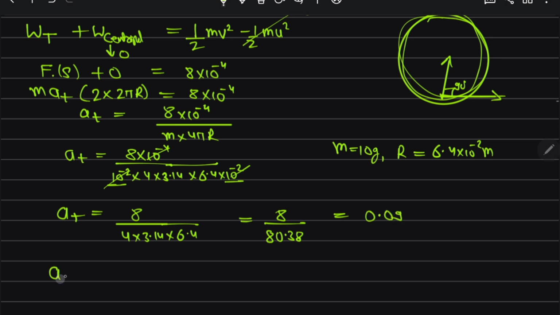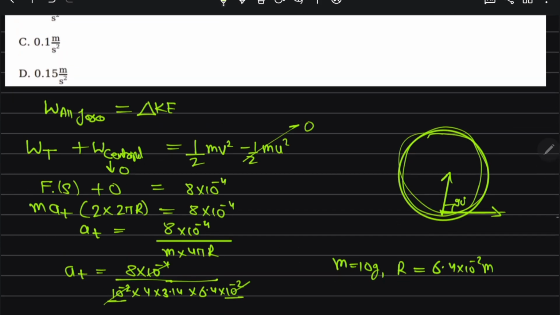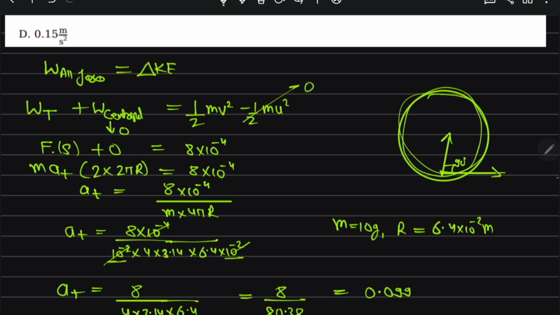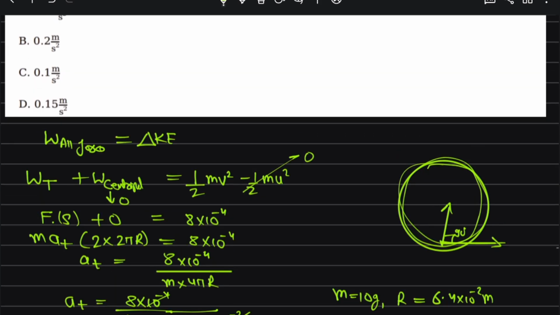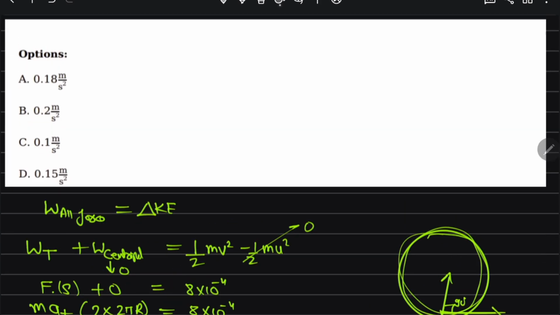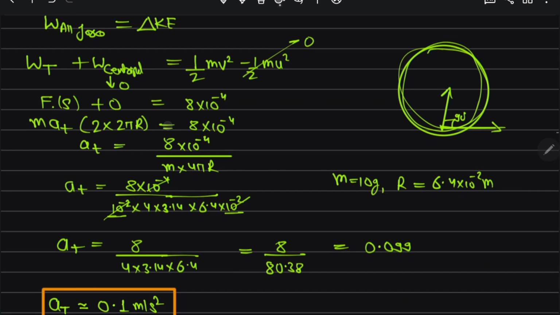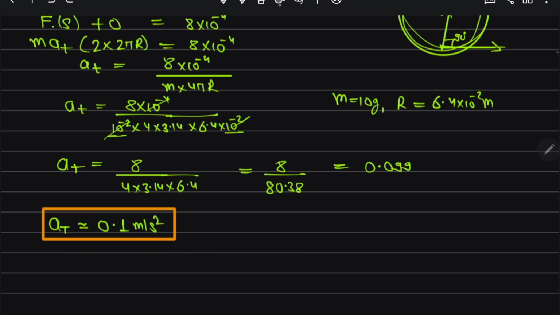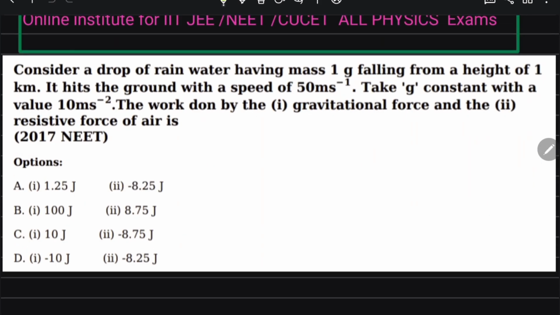So this is approximately 0.1 meter per second square. So which option is correct? Option C is correct. So I proceed to the next question.